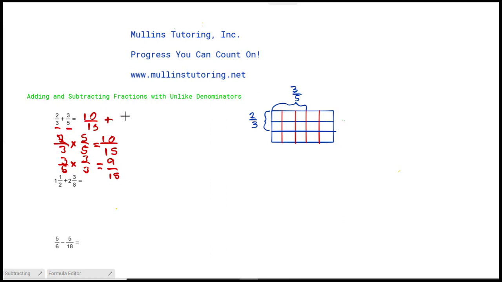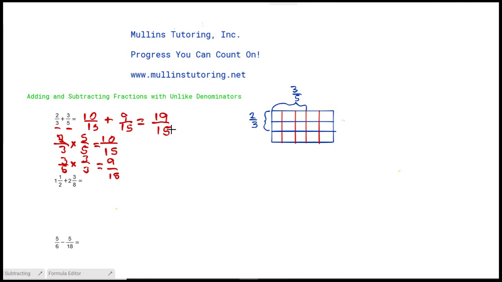I have 10/15 plus 9/15. And now that we have the same denominator, we can add the fractions together. 10 plus 9 is 19. We do not add the denominators, we just bring it over to the side.